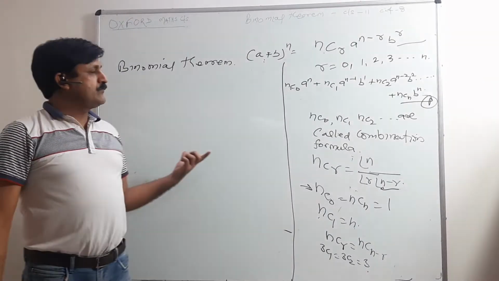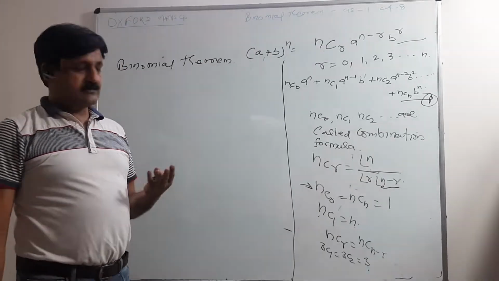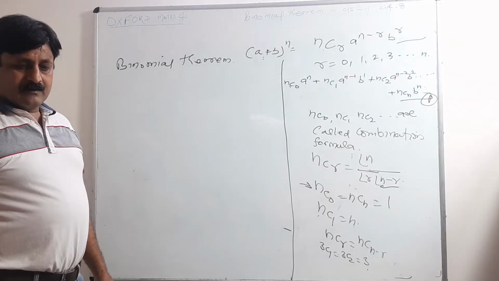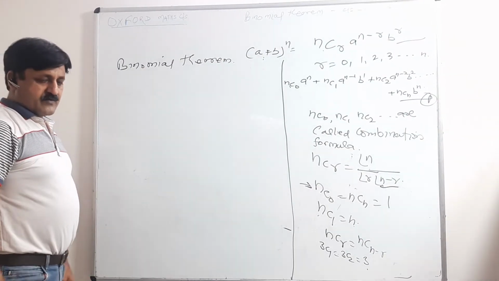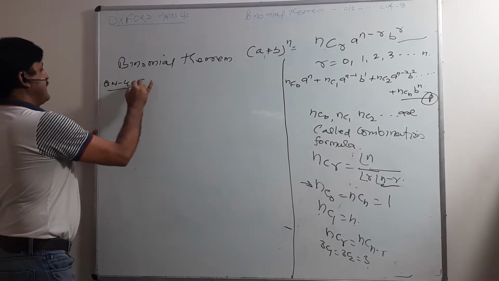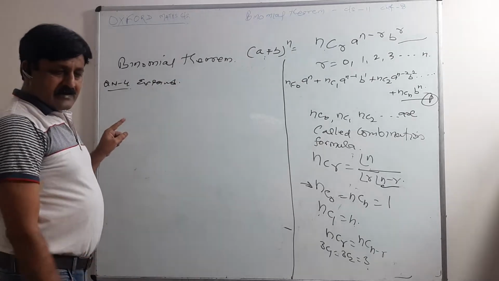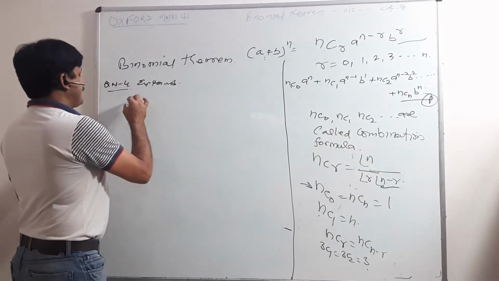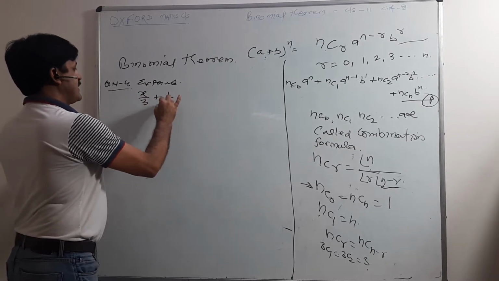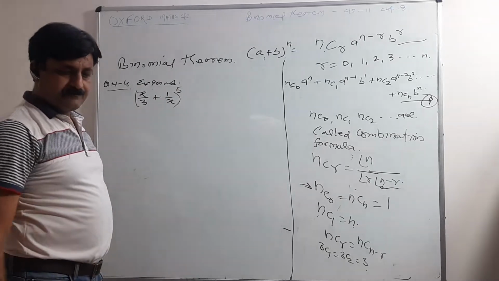Okay, now we can solve the questions of the binomial theorem in chapter 8. For example, expand question number 4: expand (x upon 3 plus 1 upon x) whole power 5 in the NCERT book.